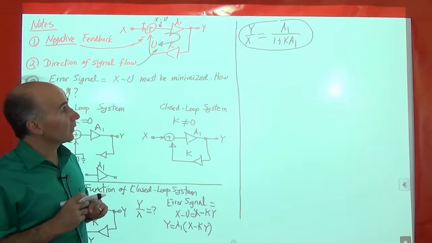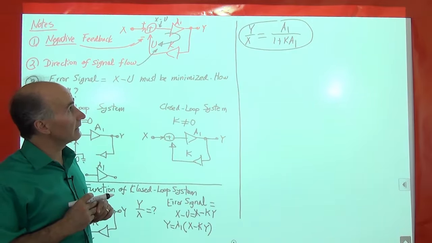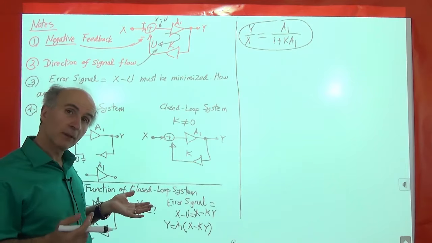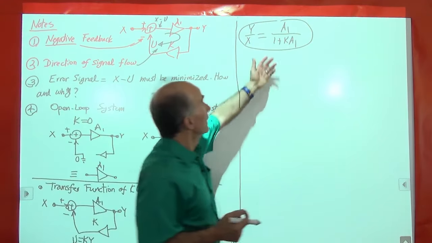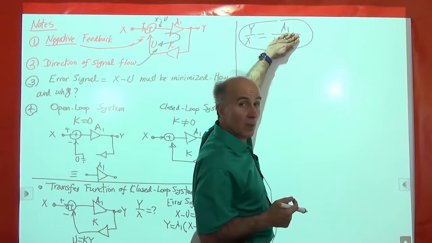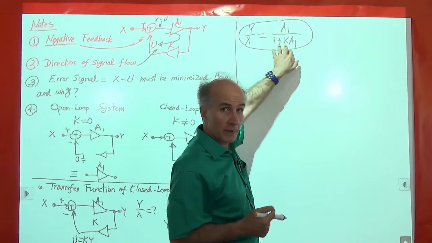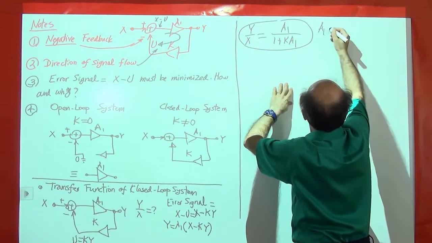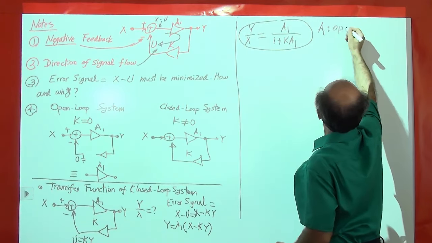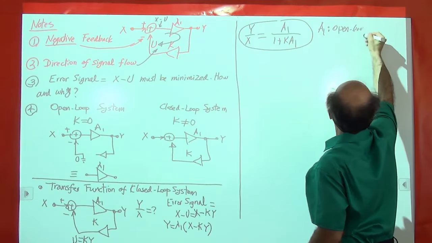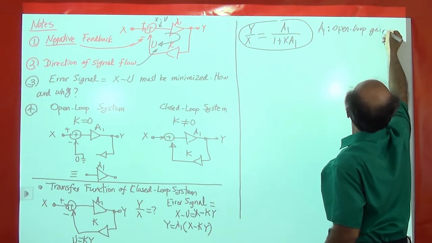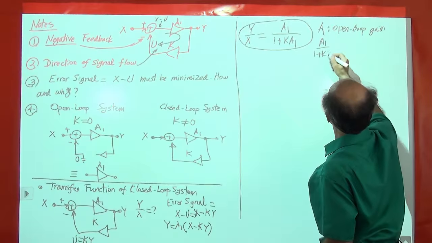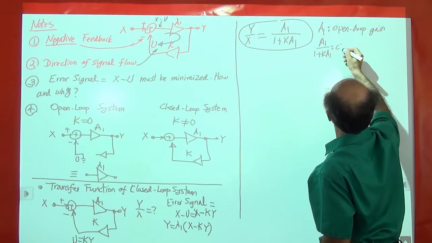All right. Okay, so that says that the closed loop gain, for example, is some amount. The open loop gain was A1. The closed loop gain is A1 over (1 plus KA1). So again, let's have some terminology here. A1 is the open loop gain, and A1 over (1 plus KA1) is the closed loop gain.